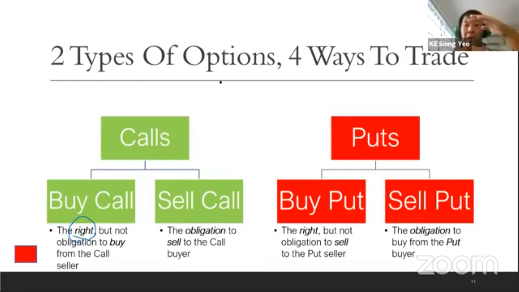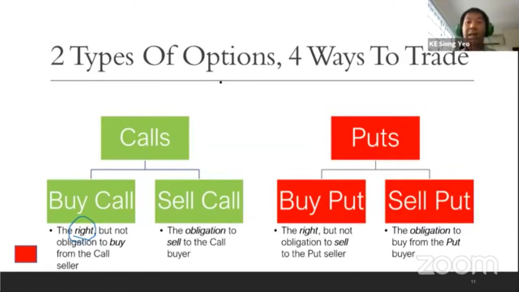You buy a put that gives you the right to sell at $32, even though the Coke price may drop. But of course, if the Coke price in the open market rises to $40, then you have the right to say, okay, I don't want to go through with this option contract anymore. I want to just go into the open market and sell my Coke shares and get even bigger profits.